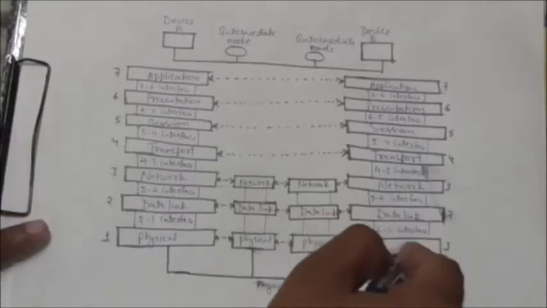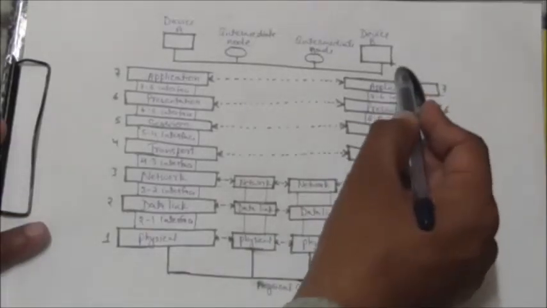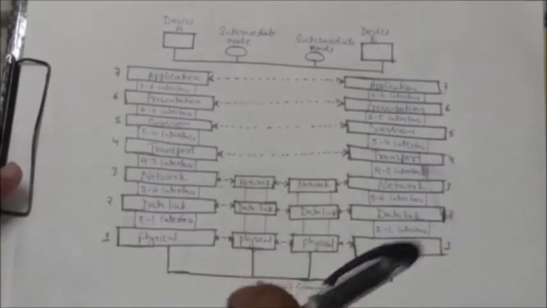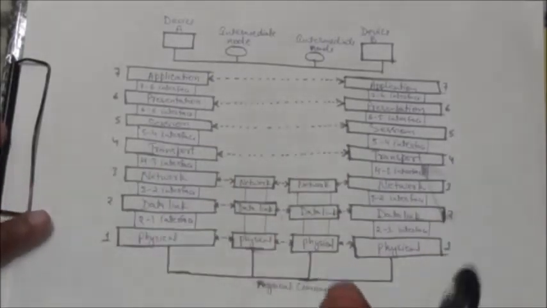When it reaches layer 7, the message is again in a form appropriate to the application and is made available to the recipient.